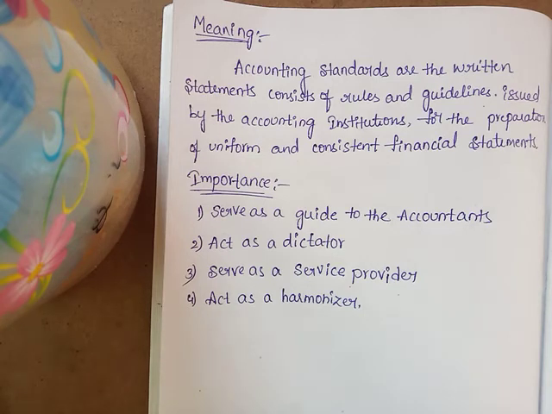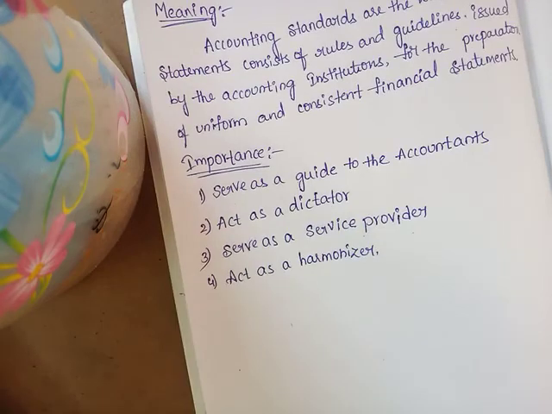Next, second one is act as a dictator. Accounting standards act as a dictator in the field of accounting. Like a dictator, in some areas accountants have no choice of their own but to opt for practices other than those stated in the accounting standards. For example, we have to prepare a statement, say a balance sheet, and that balance sheet should be prepared in the prescribed format.